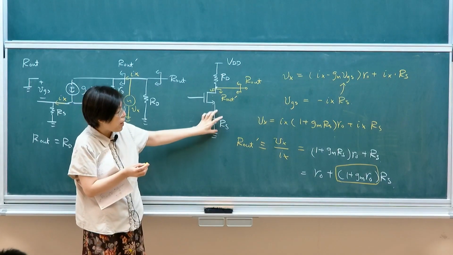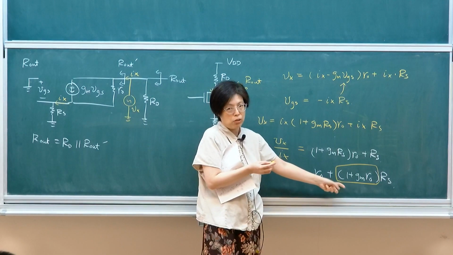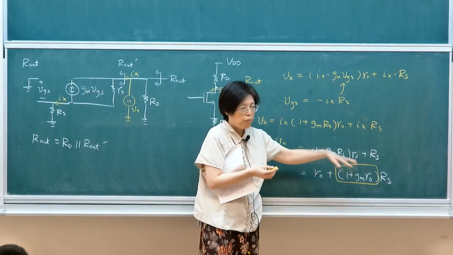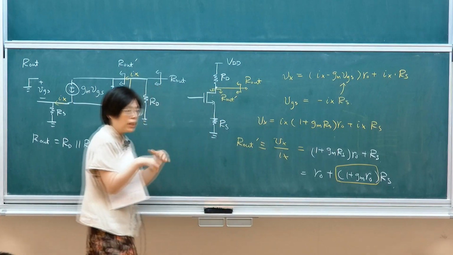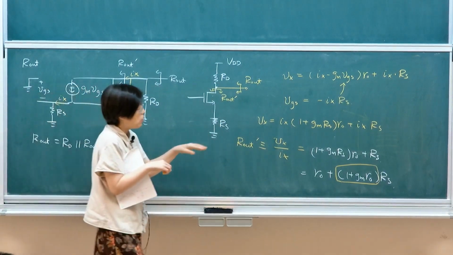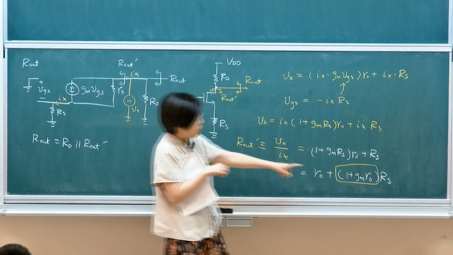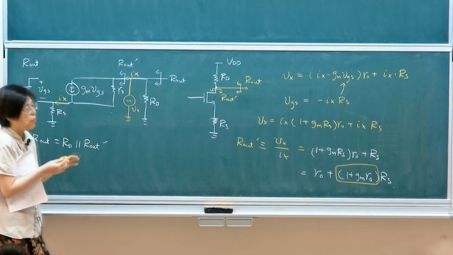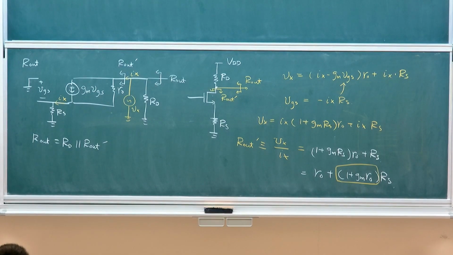It's being amplified by a negative feedback loop. So that is why it's typically arranged this way. Because of the negative feedback, you have this Rs being amplified by a factor of 1 plus GM RO. Okay?